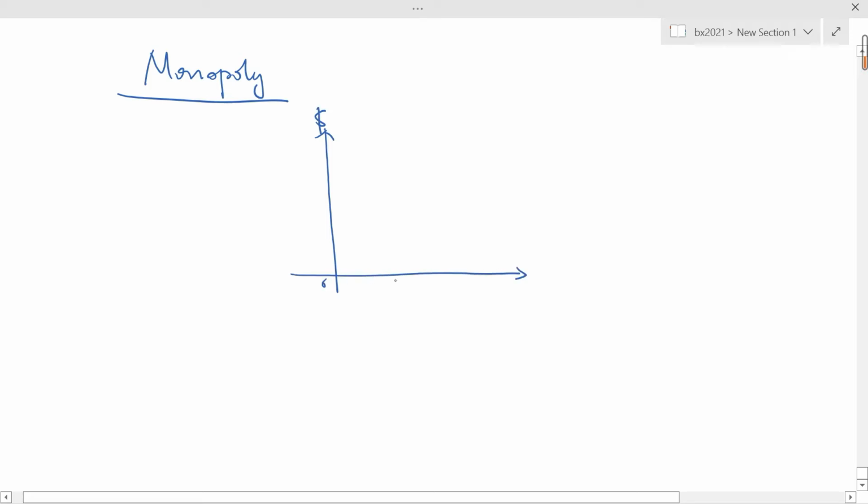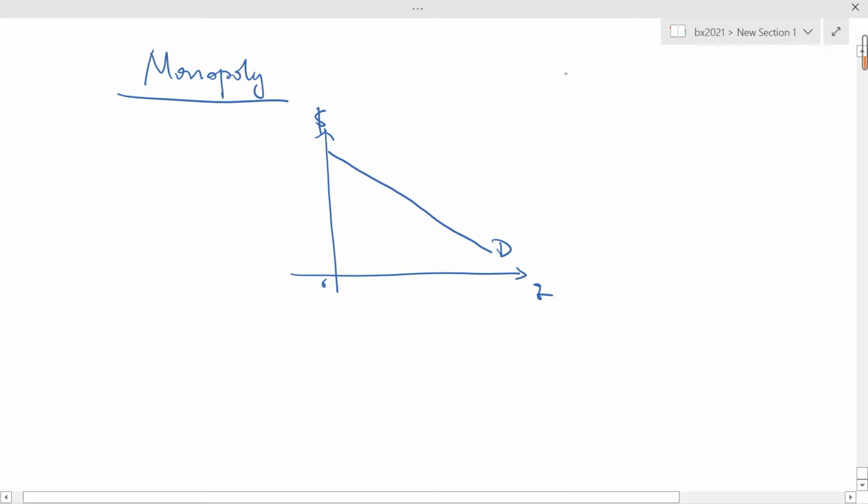Let's look at this graphically. I'm the only supplier in the market, so I'm faced with the market demand, which is downward sloping.